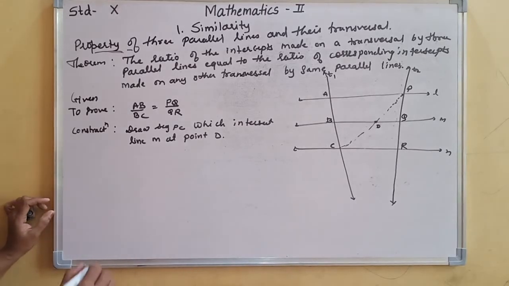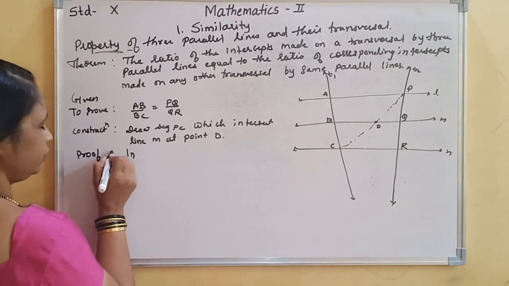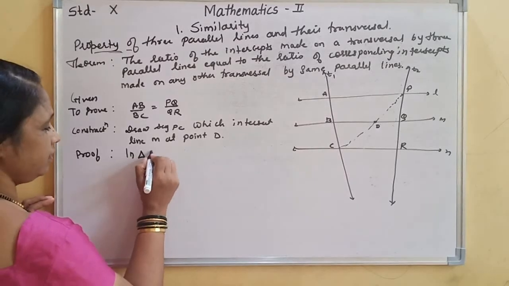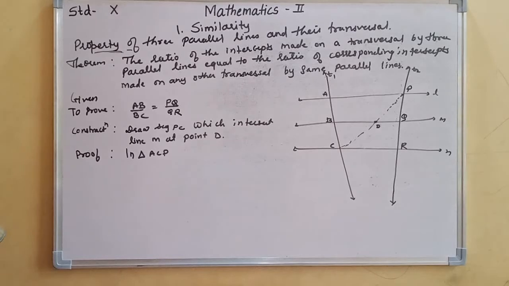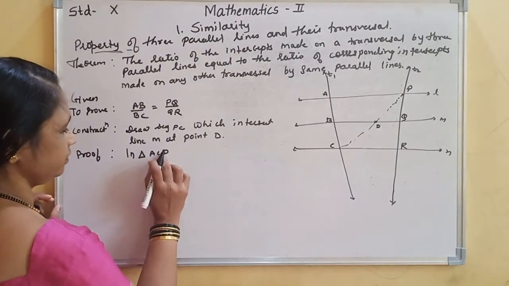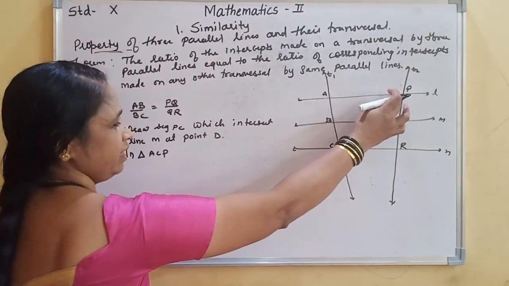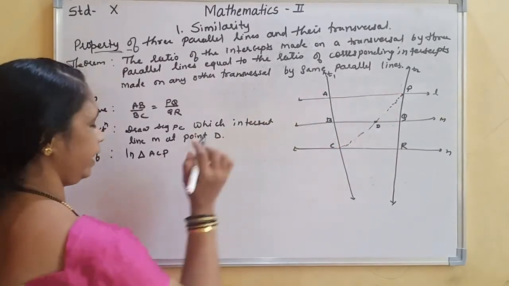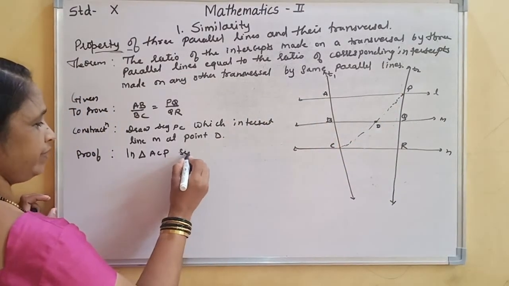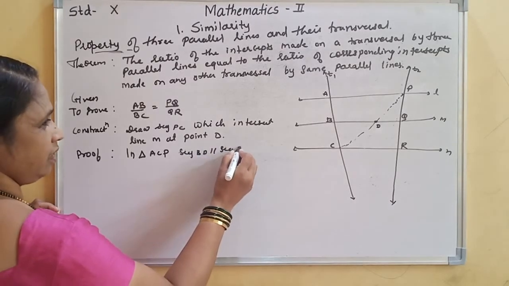Okay, in triangle ACP, segment BD is parallel to segment AP.